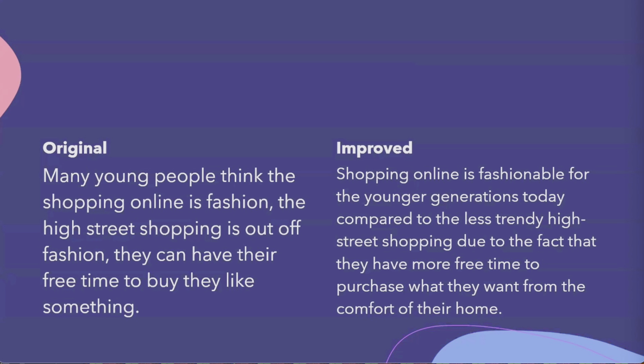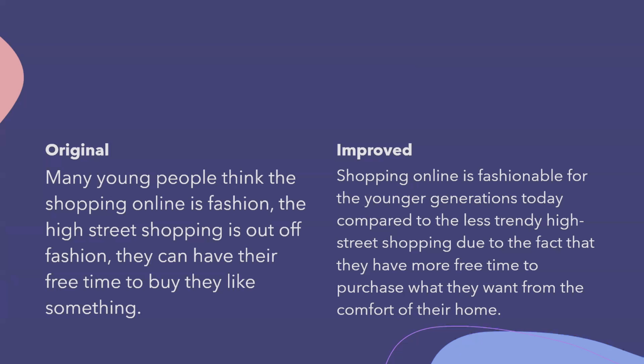So obviously lots of mistakes, but look at the vocabulary. You see the word something, you must remove this immediately. And so you want to improve this. I would suggest one of the things to improve is to avoid saying many young people at the beginning of the sentence. The improved version: shopping online is fashionable for the younger generations today compared to the less trendy high street shopping due to the fact that they have more free time to purchase what they want from the comfort of their home.